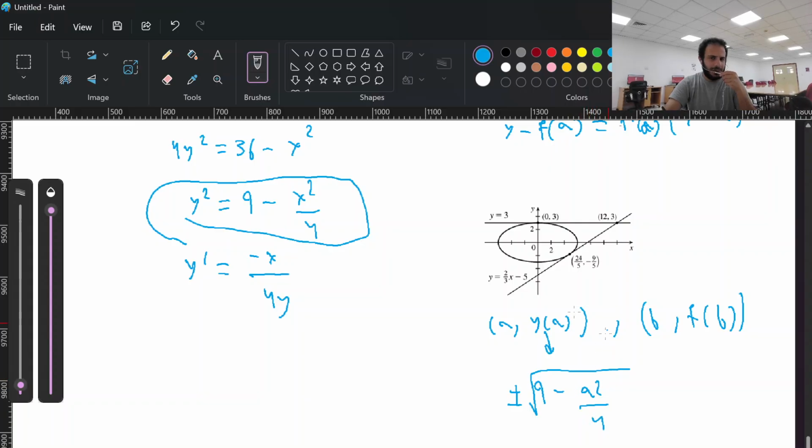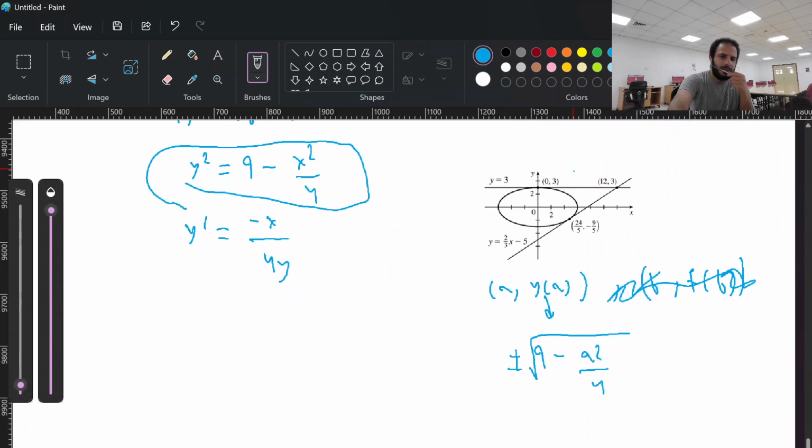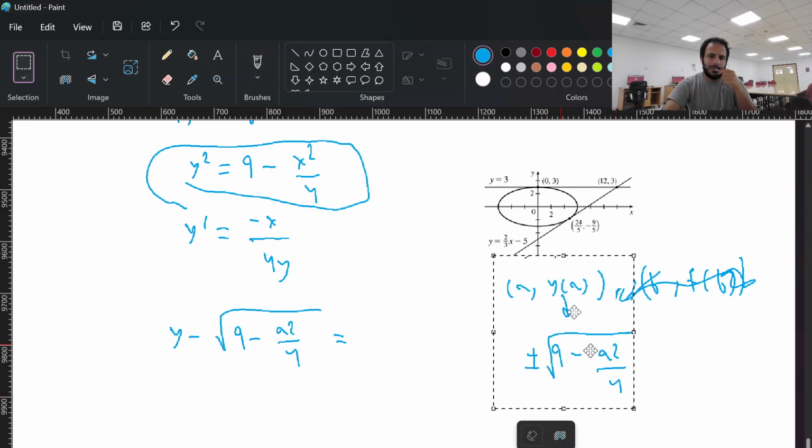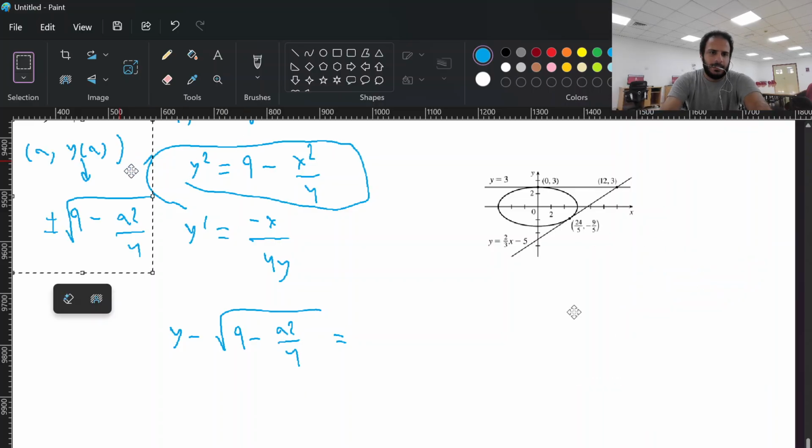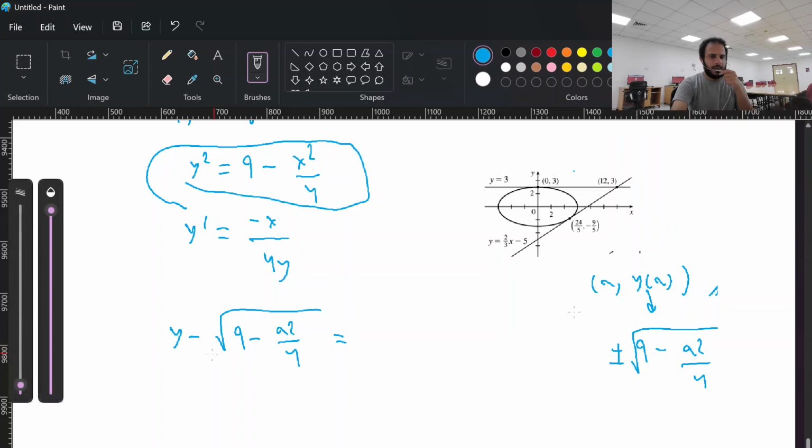Yes. I think we can get the two equations from this. No need for anything else because we have plus or minus, right? So the first equation of the tangent, I will take the positive root, okay? So y minus the square root of 9 minus a squared over 4 equals... I'm taking the positive root. You have y minus from the line equation.